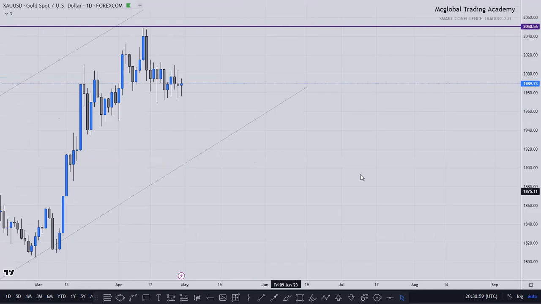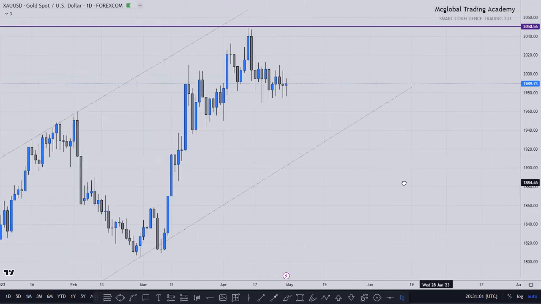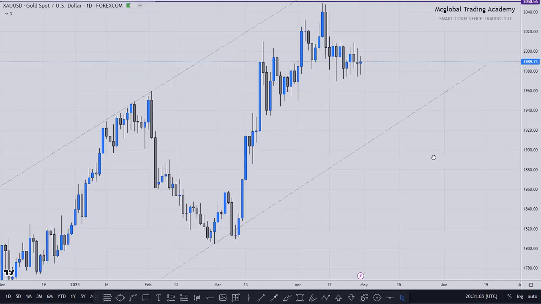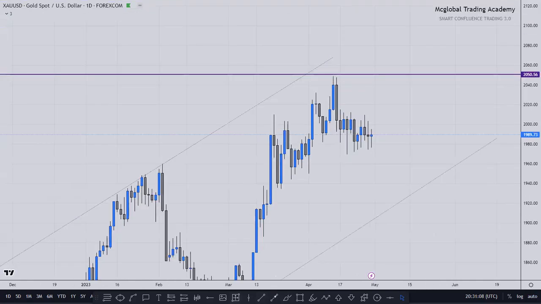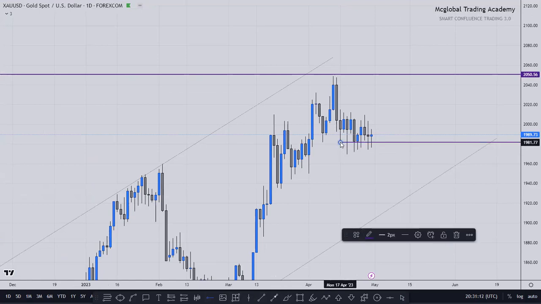If you check the last week, if not the last 2 weeks, gold has been consolidating, even though we managed to take some trades that made us money, but it was consolidation. This is 2 weeks. Can you see it?